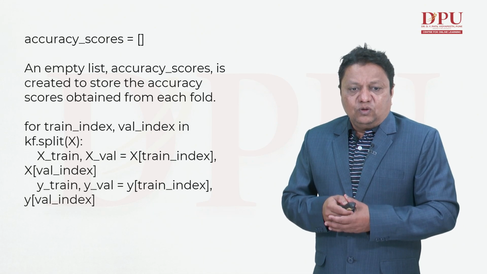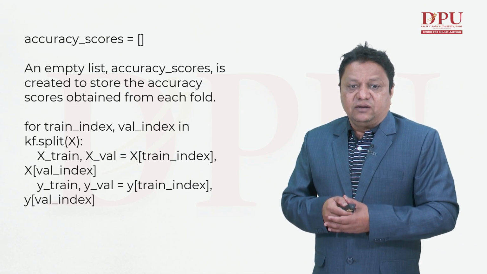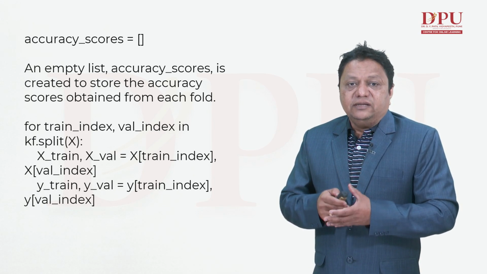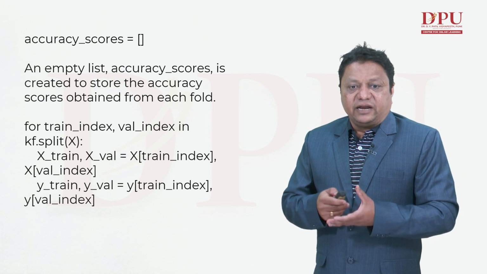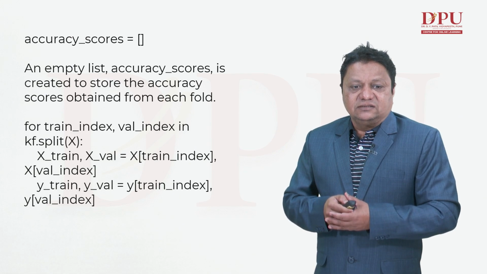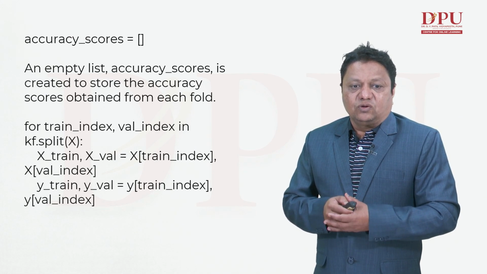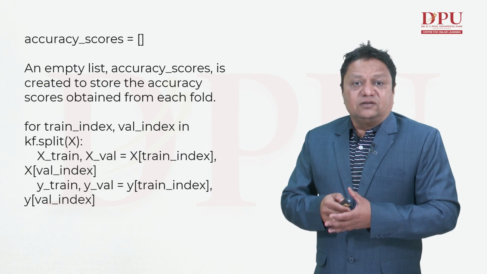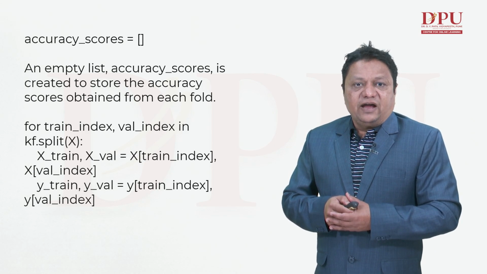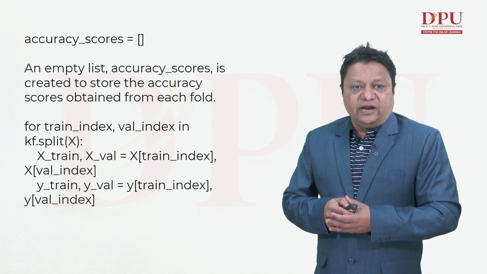What this loop will do is x_train, x_val is equal to x[train_index], x[val_index]. The next statement is y_train, y_val is equal to y[train_index], y[val_index].